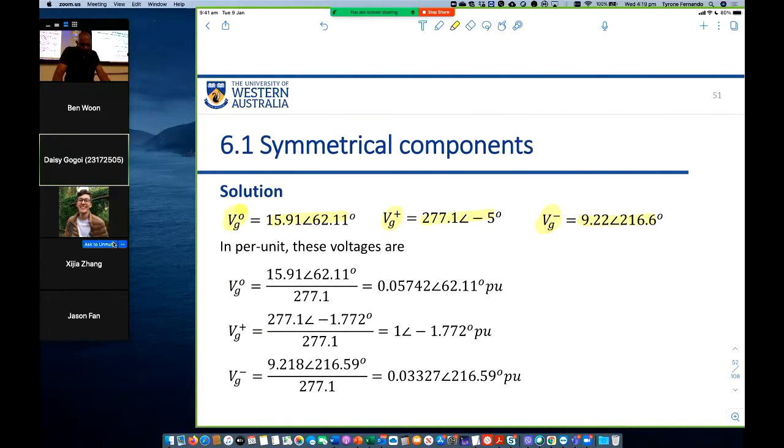values. So per unit values on the primary side, you divide by the base values on the primary side, because the generator is connected to the primary side of the transformer, not the secondary side.